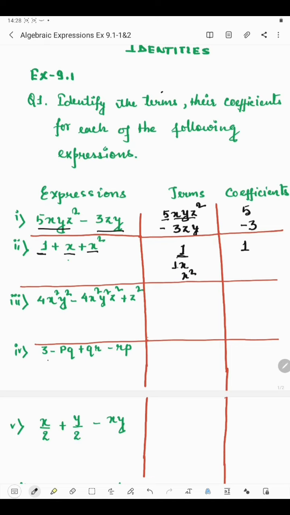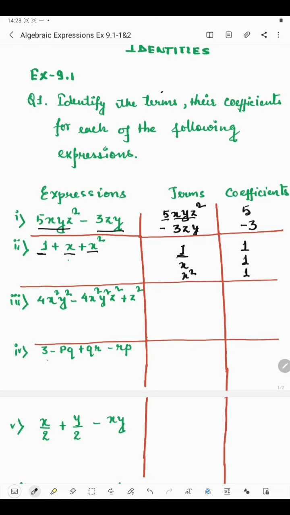We don't write 1x or 1y like this. So the coefficient of x is 1. Coefficient means a number which is multiplied by the variable. So with this variable x, 1 is present, so the coefficient is 1. Similarly, x square is given one time, so the coefficient of x square will be 1.